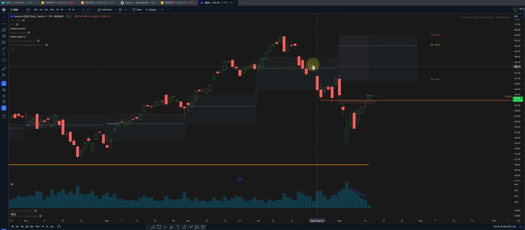This is the last month. So last month's values are being plotted for this month. So they work as support or resistance. Why? Because 70% of the volume is traded at this price. And the most important is the point of control, where the most volume during this whole period was traded.